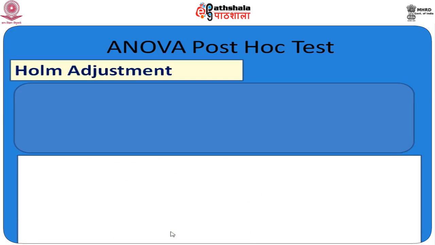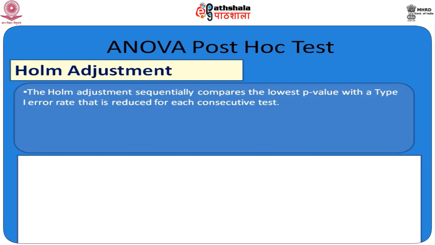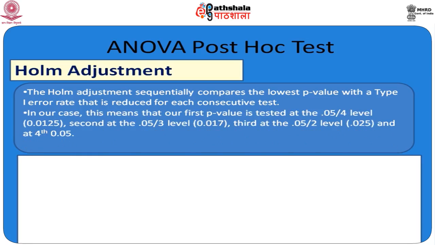Next, I look at the Holm adjustment. The Holm adjustment sequentially compares the lowest p-value with a type 1 error rate that is reduced for each consecutive test. Let me just work it out here for our case. Suppose in the first test the probability of type 1 error would be 0.05 by 4.